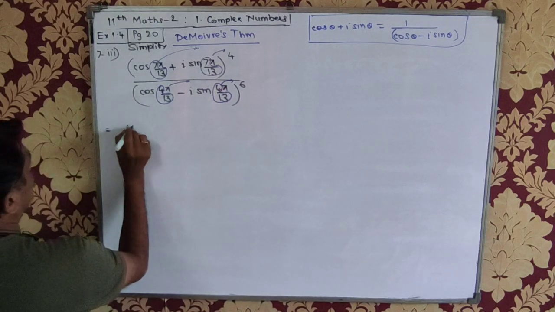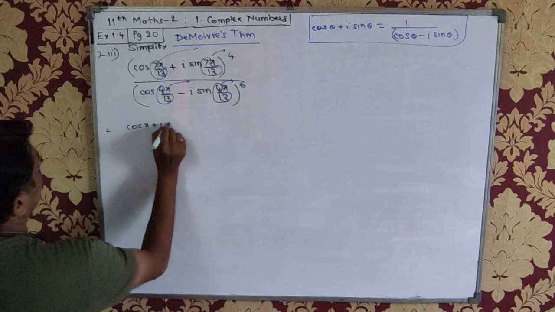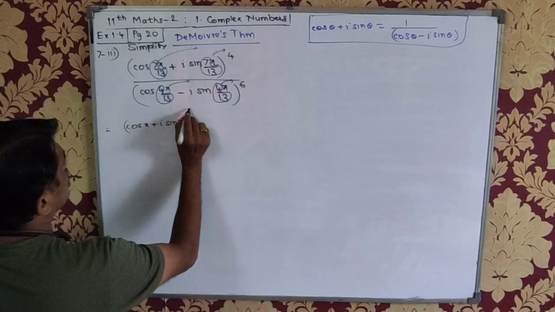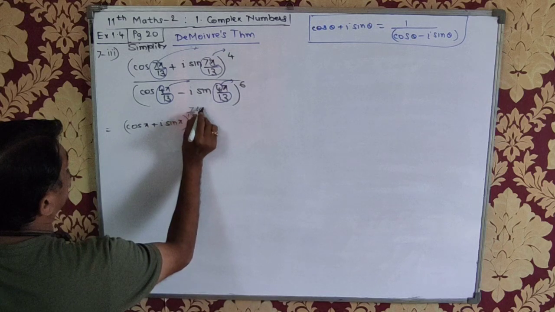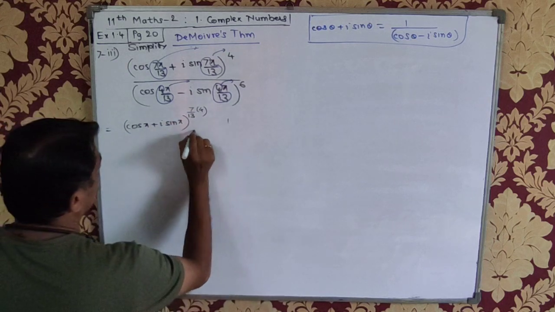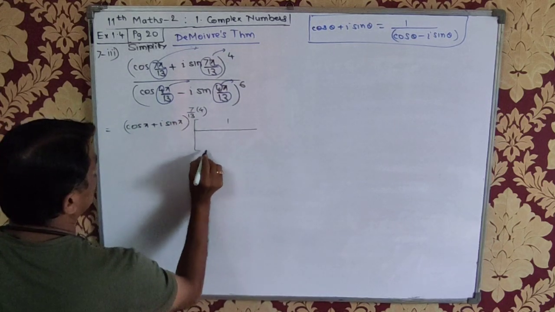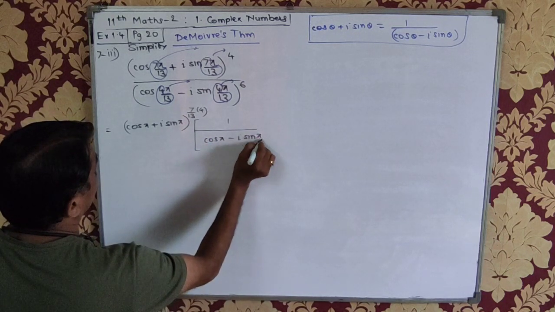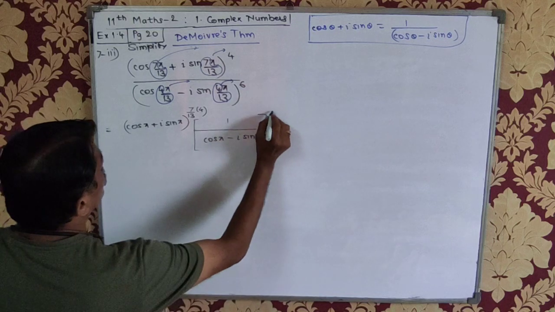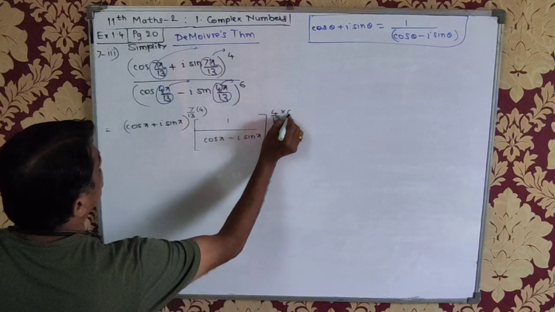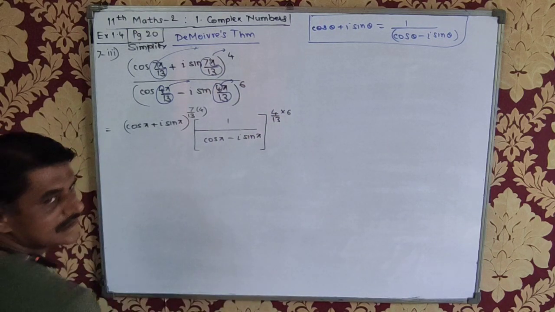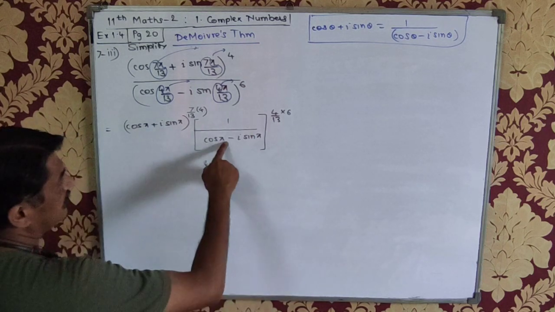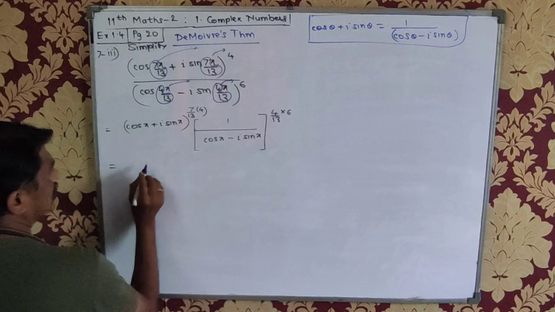That is equal to (cos pi plus i sin pi) raised to 4 into 7 upon 13 into 4. Correct? And this is 1 upon (cos pi minus i sin pi) raised to 6 into 4 upon 13 into 6. Is this okay? Yes. अब इसका रेसिप्रोकल क्या है? इसका रेसिप्रोकल cos pi plus i sin pi.